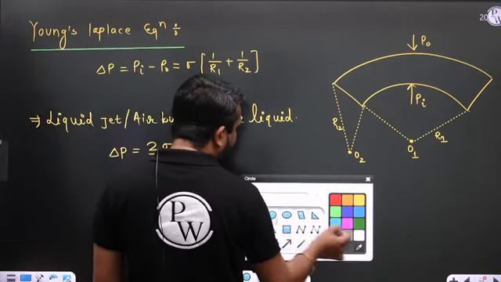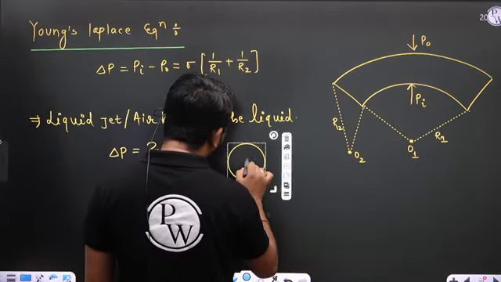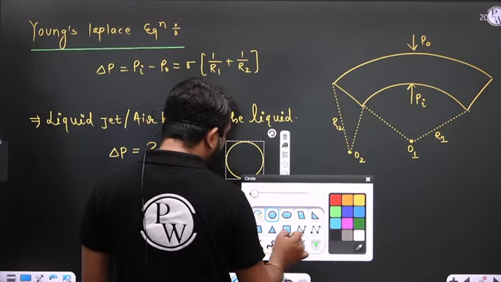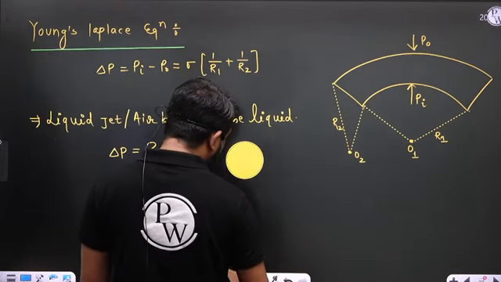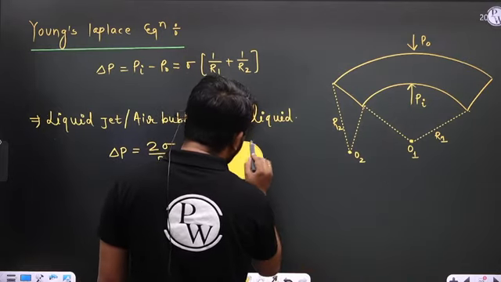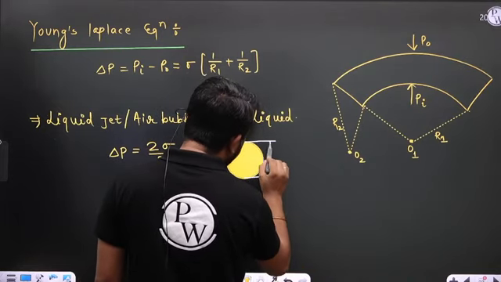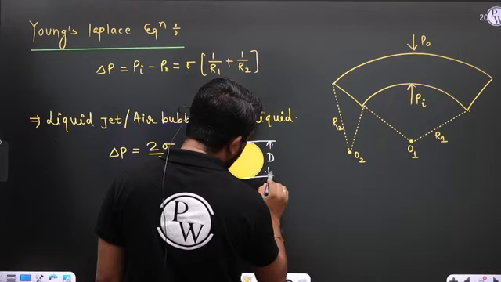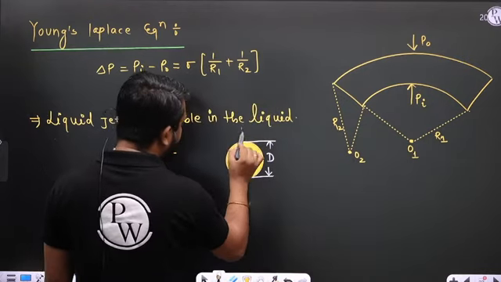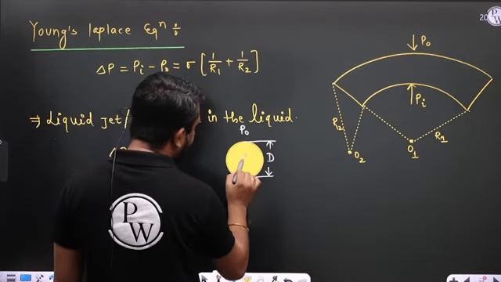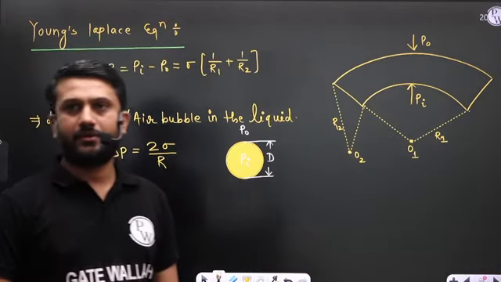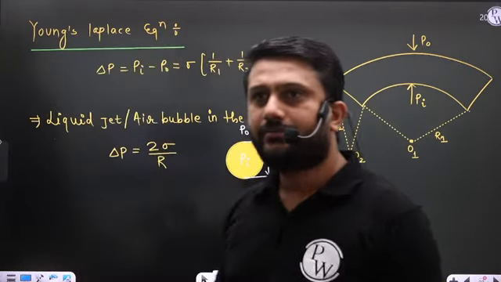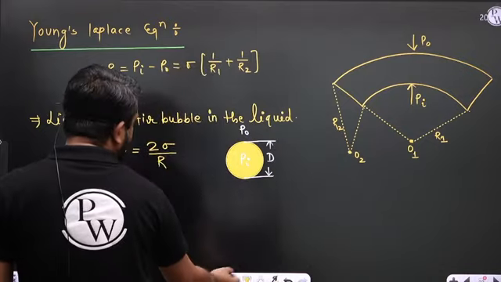Let us consider this is your liquid droplet, and the diameter of this liquid droplet is d. On this side the pressure is P naught, on this side the pressure is Pi. So Pi minus P naught is 2 sigma by R. Is it okay now? So this is the first case.